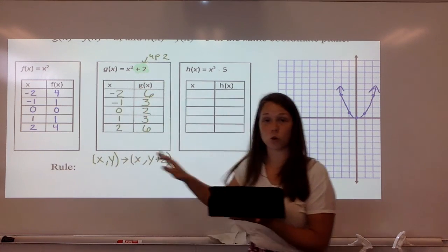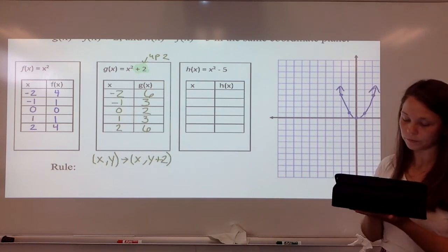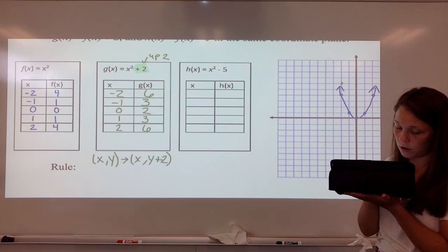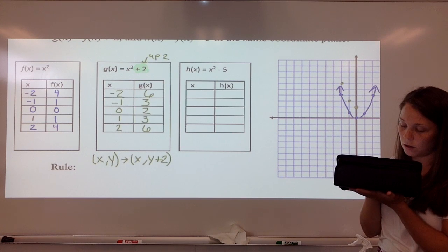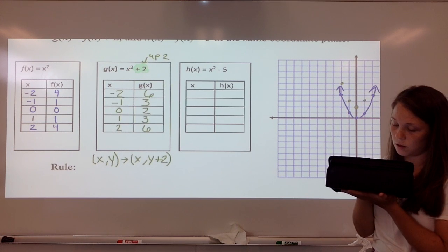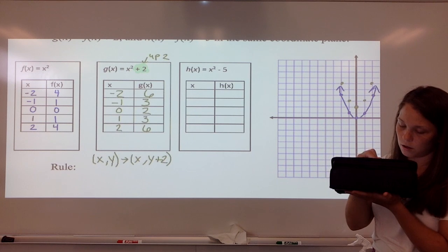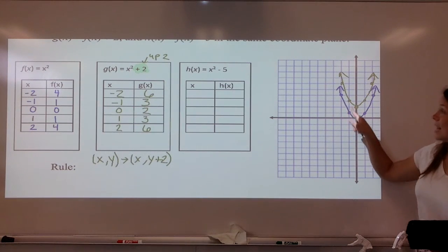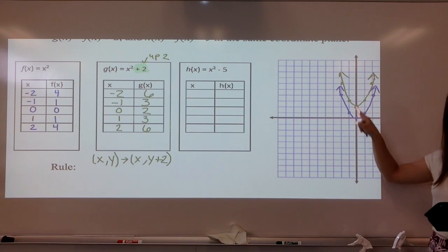And now I'm going to graph these points. So you can see these original points I have here.